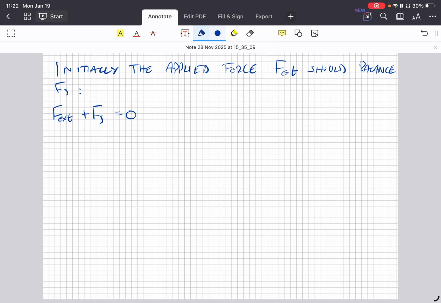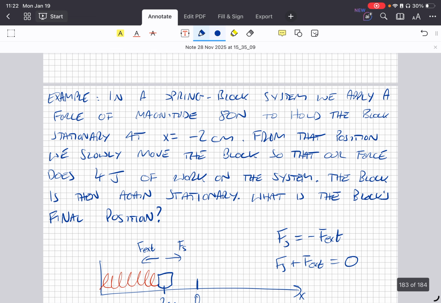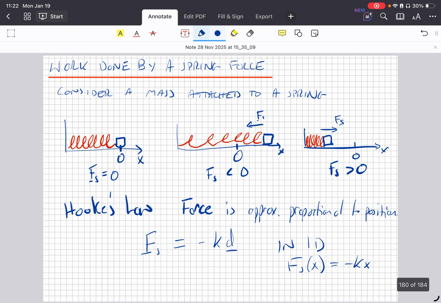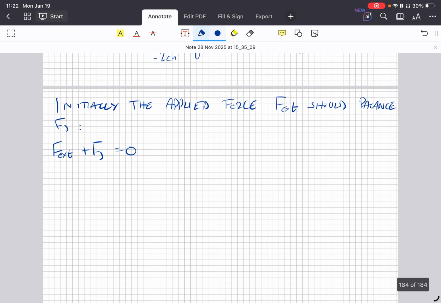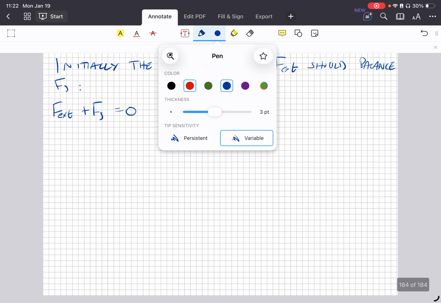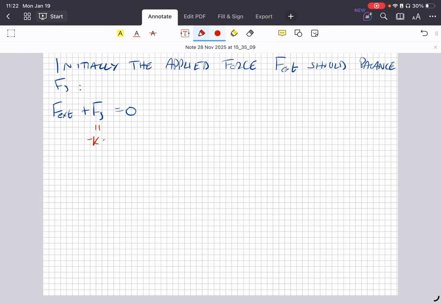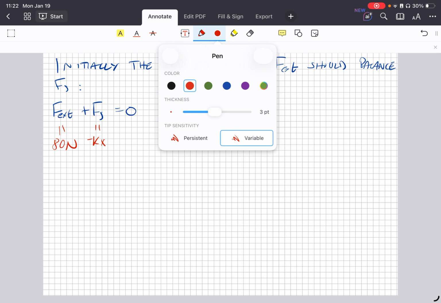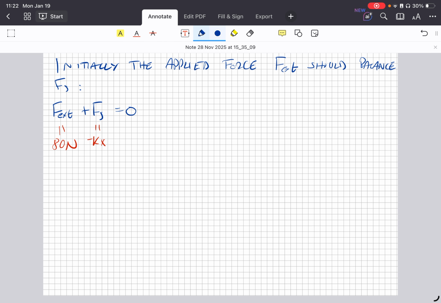But remember that Fs is equal to minus Kx. That's the definition. So just to scroll back a bit here, F of x is just equal to minus Kx. That's the force due to the spring. And we know what the external force is. We're told what it is. It's 80 newtons.